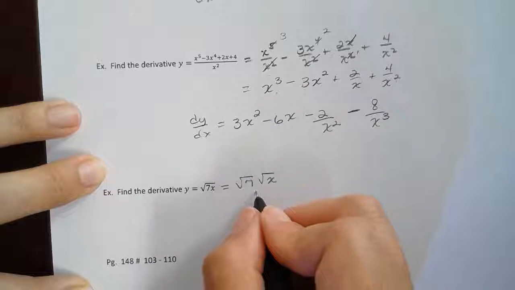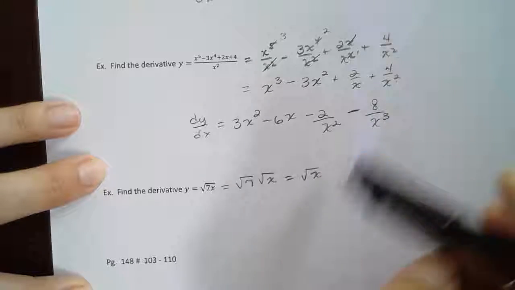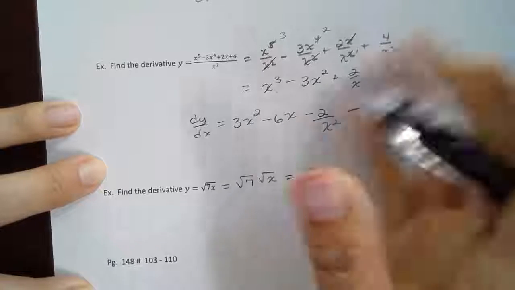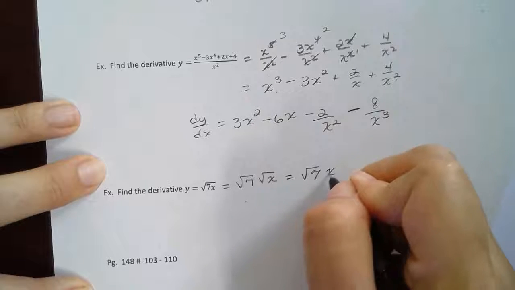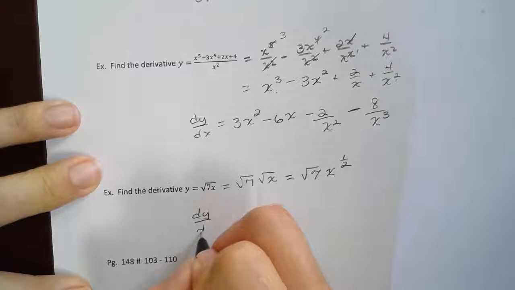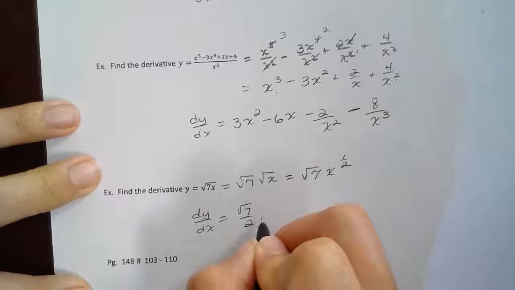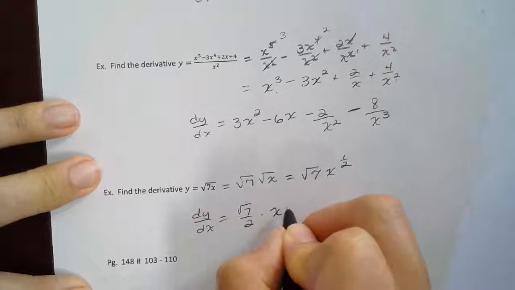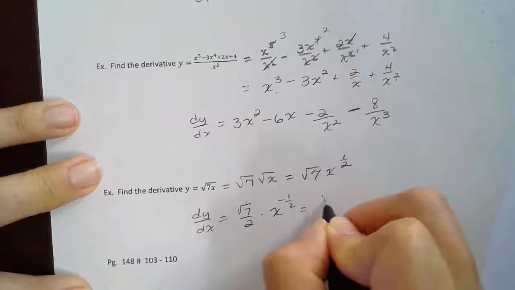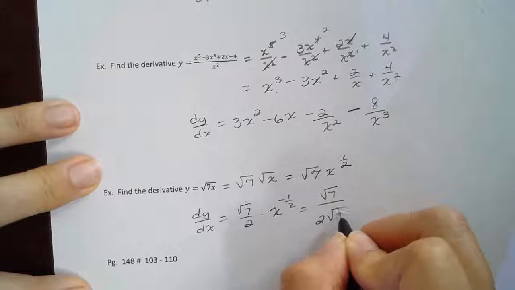We're going to leave it the way it is. The square root of x we're going to have to use as x to the 1/2 power. Now we can do our derivative. Dy dx will be equal to 1/2 times the square root of 7, which is the square root of 7 over 2, times x to the negative 1/2 power. So square root of 7 over 2 square roots of x.